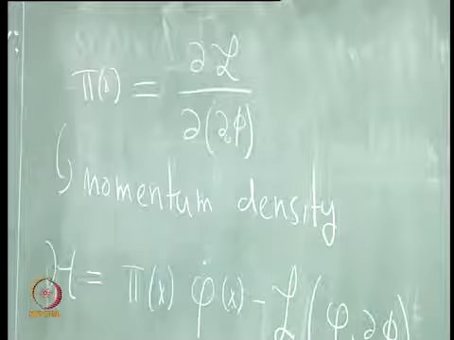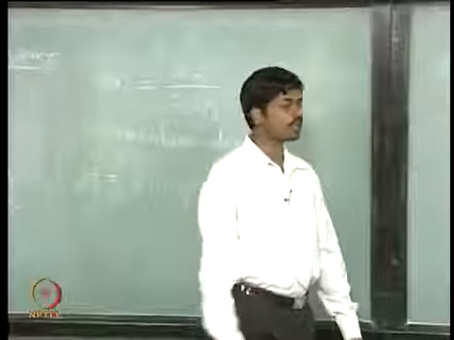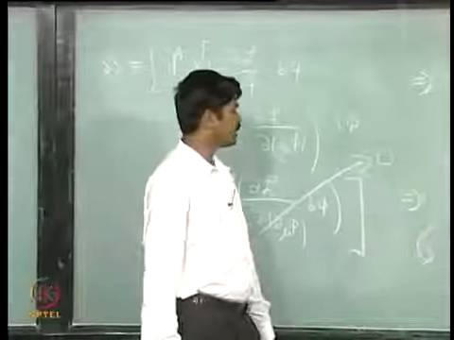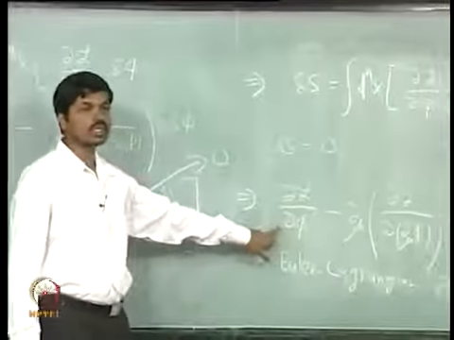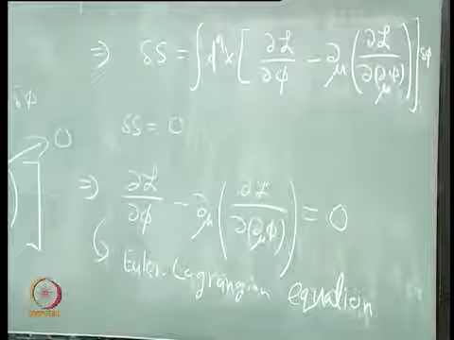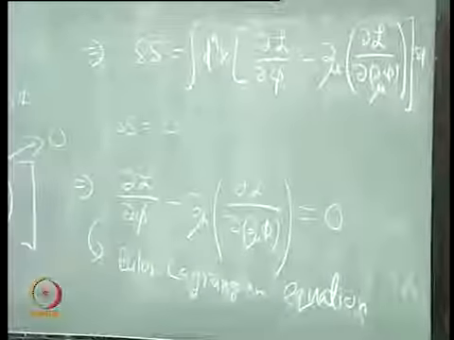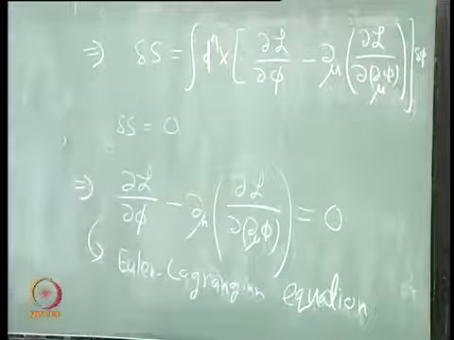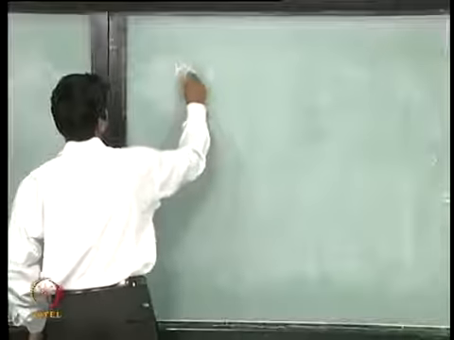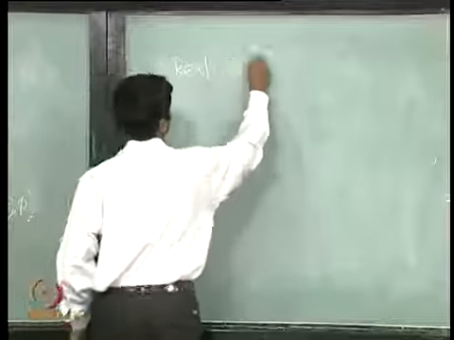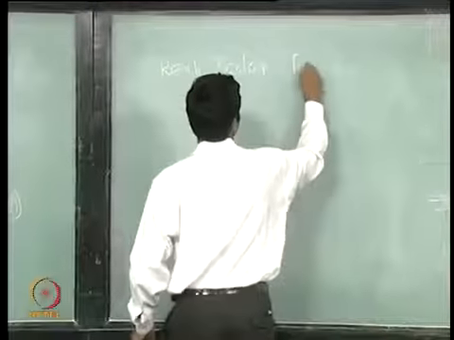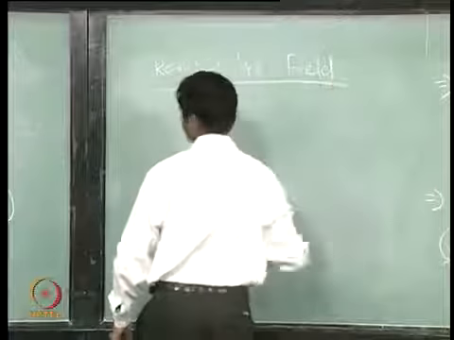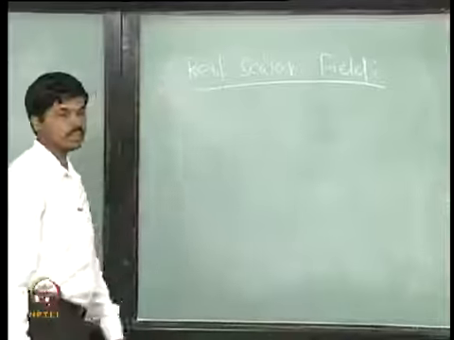Let us consider a very simple example, the example of a real scalar field, and then let us derive the equation of motion as well as the Hamiltonian. We will see what the equation of motion is, what the Hamiltonian is, and so on.